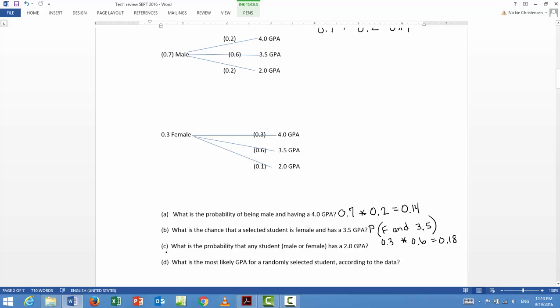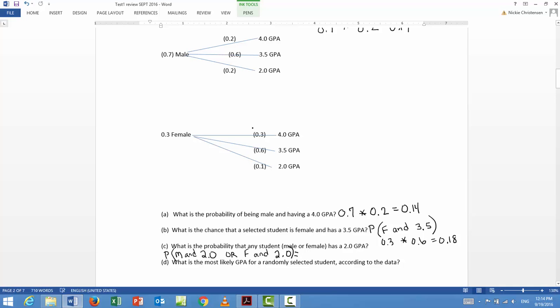So it's asking for probability of male and 2-point, or female and 2-point. So we've got to find these two probabilities and then add them.